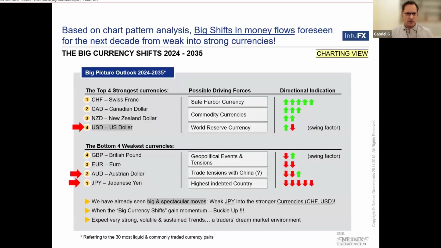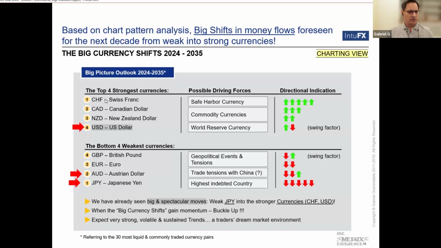So let's have a look. I've done the analysis based on pattern analysis on the bigger time frames, on the monthly chart. And this is what I came up with: the top 4 strongest currencies and the bottom 4 weakest currencies. Why is this interesting? Well, it tells us something about the big picture and the trends, right?